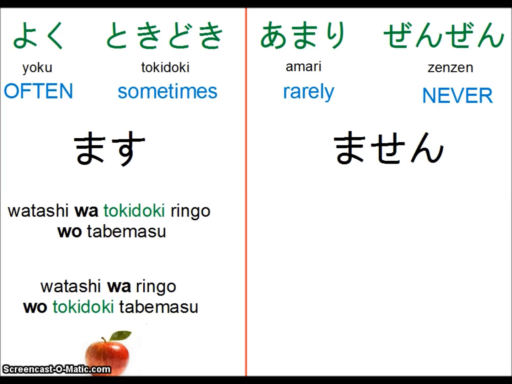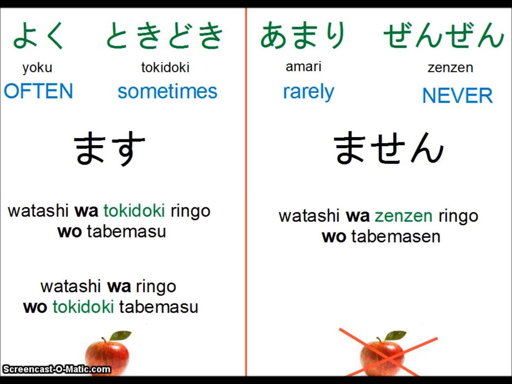So the other two, the more negative sounding ones, rarely and never are used with the negative form of the verb. So we can say something like 私は全然リンゴを食べません. So as you can see, if we don't include the time words, the sentences are pretty much the same.